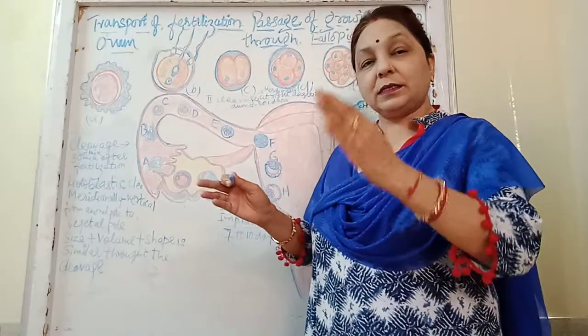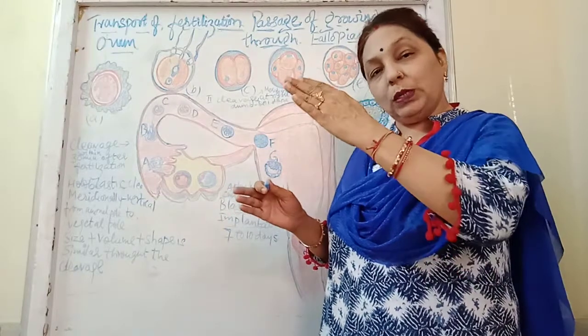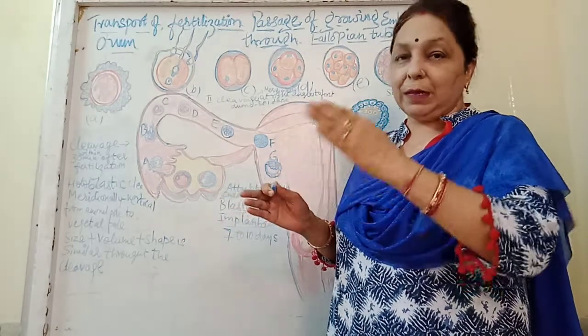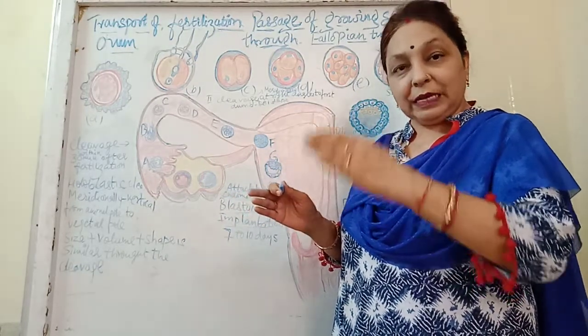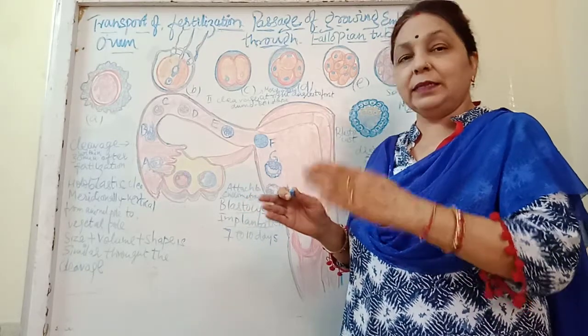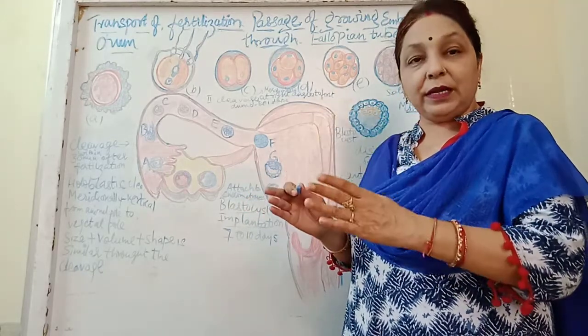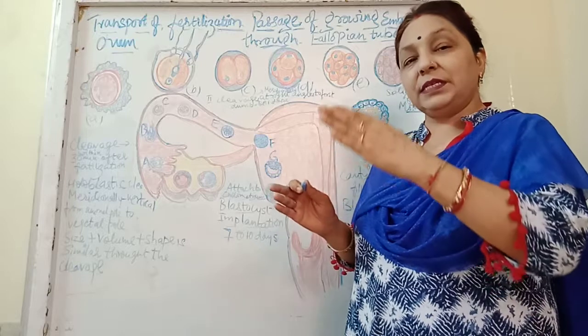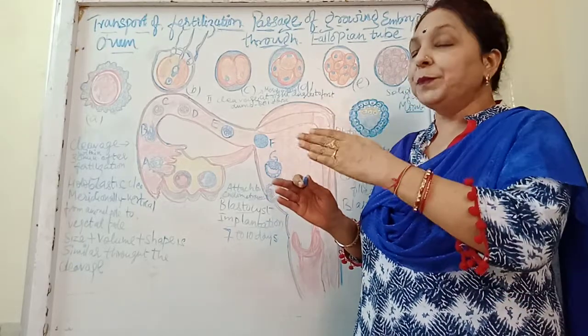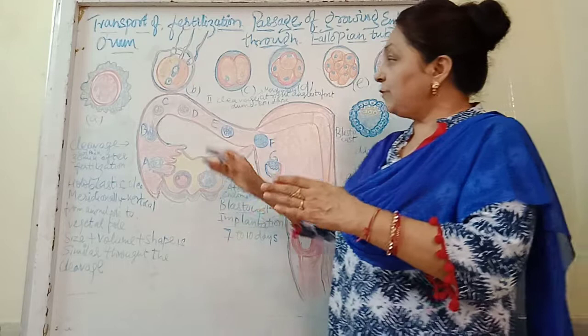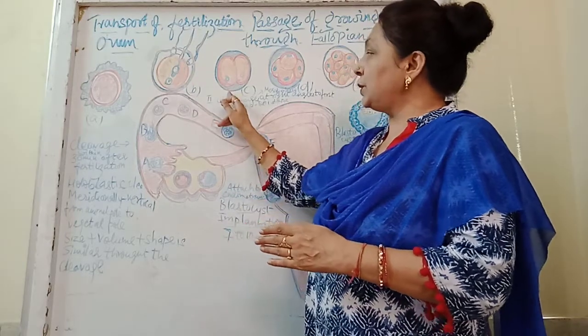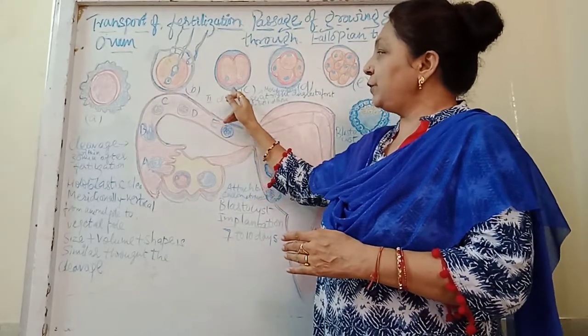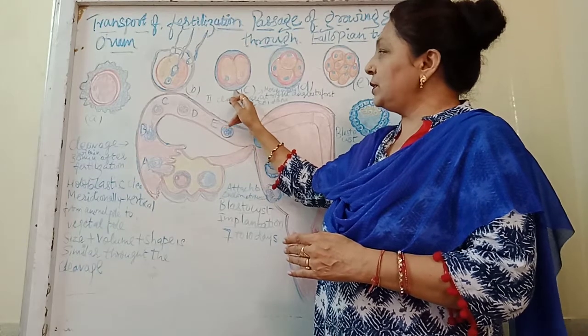That means it divides from the animal pole to the vegetal pole, and therefore two daughter cells are formed, as you can see here.